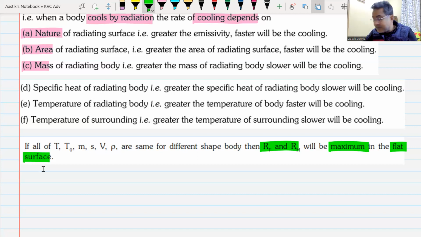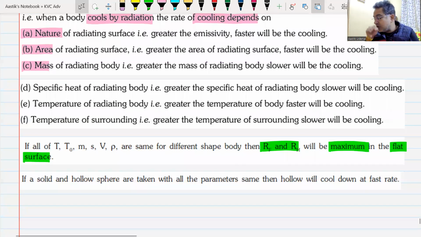If you have a solid body and a hollow body, same mass, same material, same specific heat, same area, which will cool down faster, the solid body or the hollow body? The hollow body will cool down faster. Do we understand this? Yes, sir. So remember this.